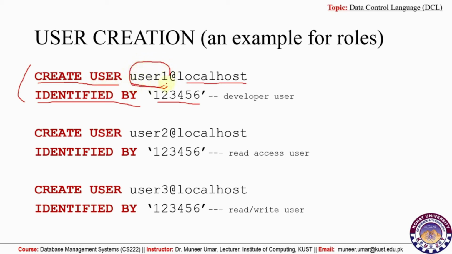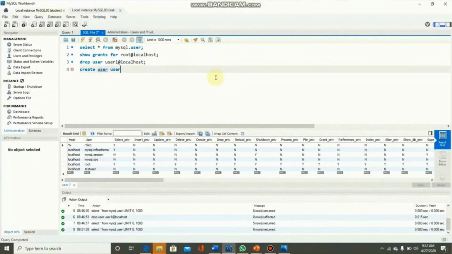So create user, name of user is user1, at host name is localhost, and identified by password 123456. So with the help of this command we will create a new user at localhost. The name of user would be user1 and its password would be 123456.